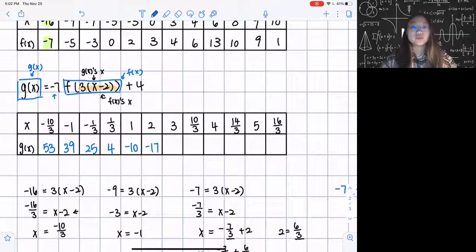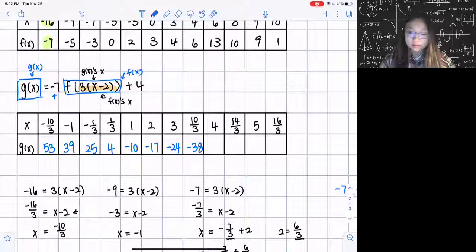Right? You can try to do the rest of them on your own, which is pretty simple. So 4 times -7, -28. -28 plus 4 is -24. 6 times -7, -42. -42 plus 4 is -38, right?